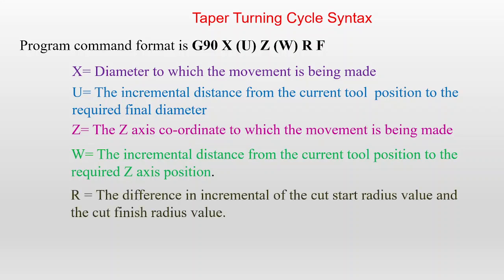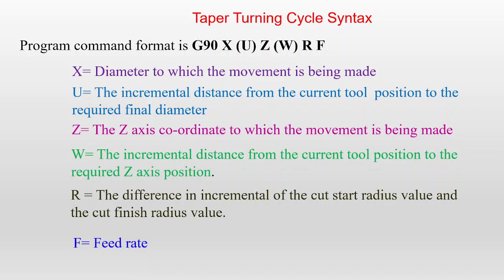And R is the incremental difference between the cut start radius value and the cut finish radius value. The difference of the starting radius value and the ending radius value is the R value. Based on the diameters, it may come out negative or positive. Both tapers are possible using the same syntax.